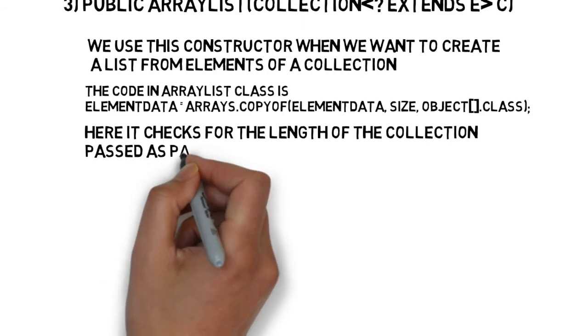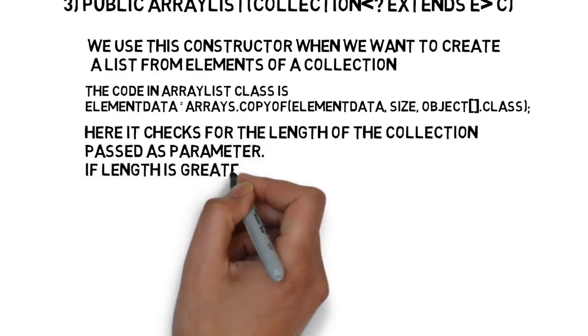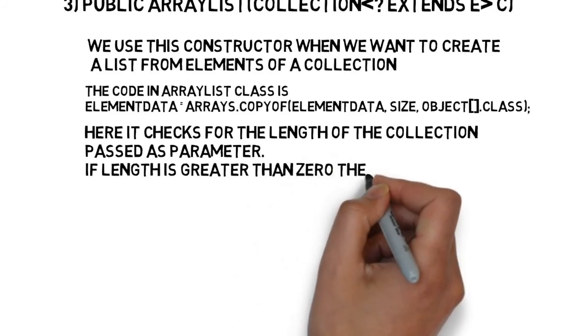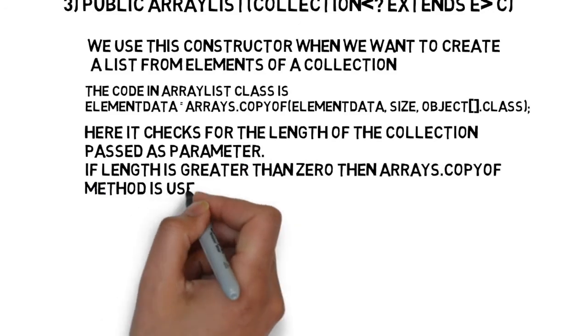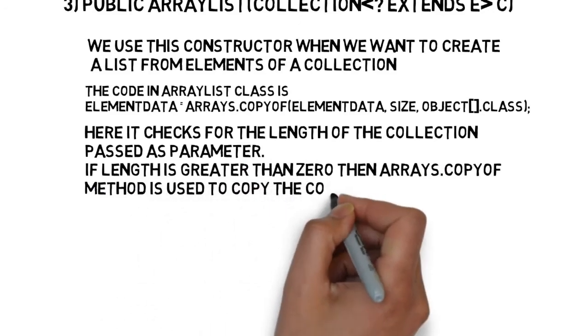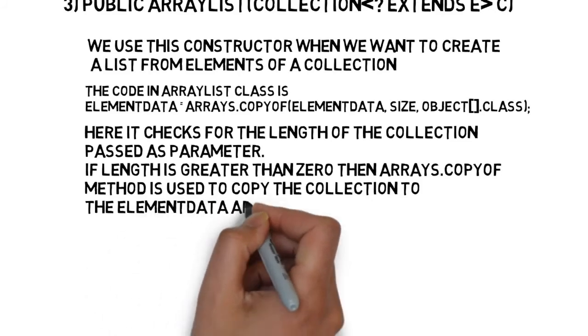Here it checks the length of the collection passed as parameter. If it is greater than 0, then the Arrays.copyOf method is used to copy the collection to the elementData array.